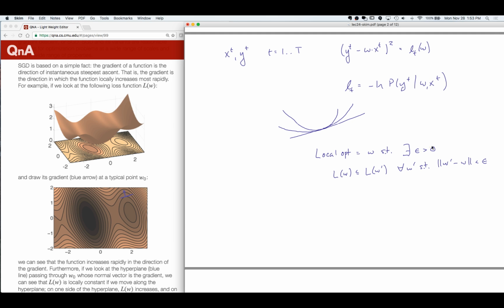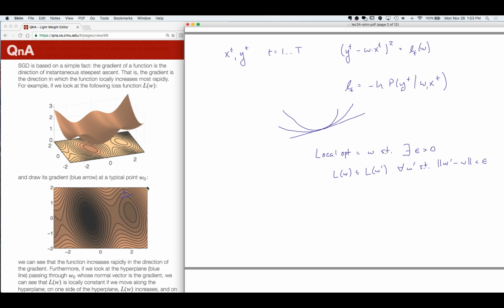So there's a strictly positive epsilon such that in the open ball around w, w is the smallest value of L. You can see that this here is a local optimum. This is also a local optimum, and in fact it's the global optimum, meaning that it's the local optimum with the smallest value of L of w.